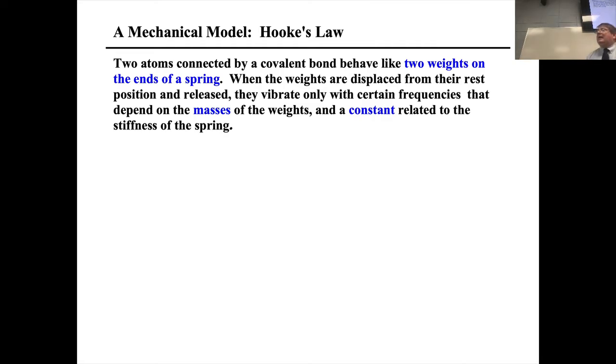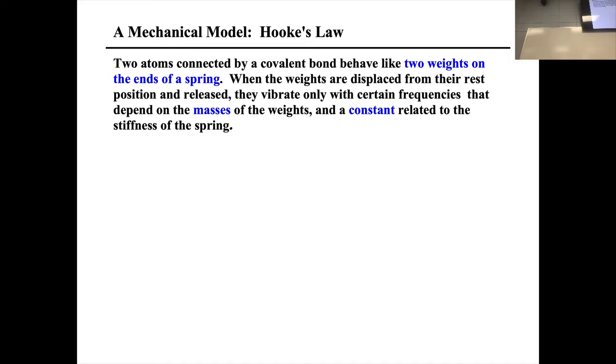But if you had high school physics, you probably learned about Hooke's law. Okay? And anytime you have two masses that are connected by a spring, right, those masses will stretch that spring a certain amount. Well, carbon has a different mass than oxygen, and bonds are kind of like springs. So we can use Hooke's law, okay?